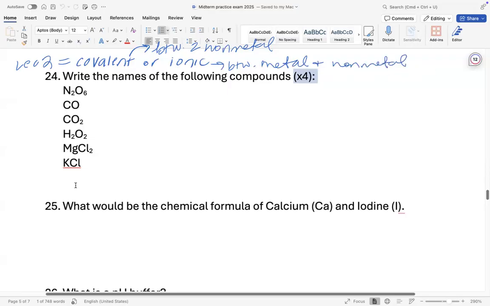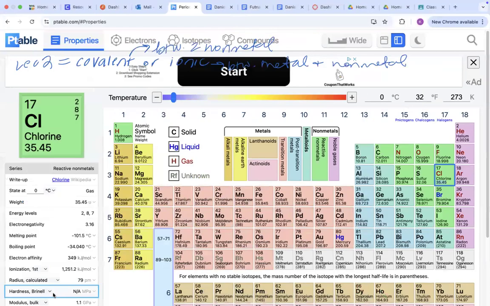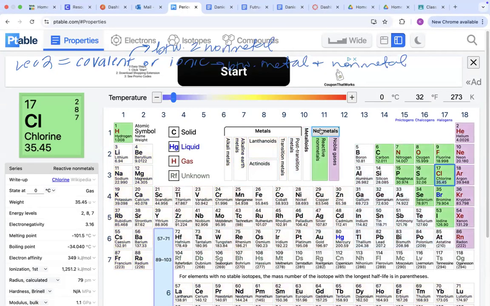And if you're wondering what's a metal and a nonmetal, let's go back to the periodic table here. So here's the stair step. It's in the light green on this periodic table. Everything to the right of it is a nonmetal. If we highlight up here, these are the nonmetals, so it's showing us in green and purple.